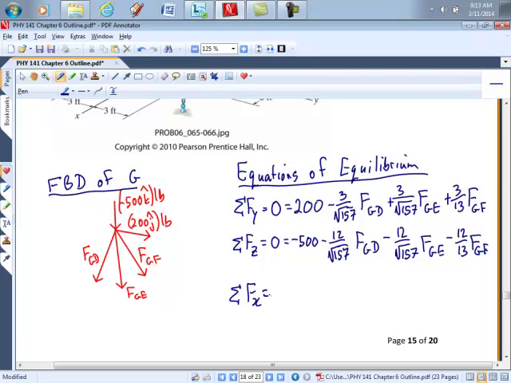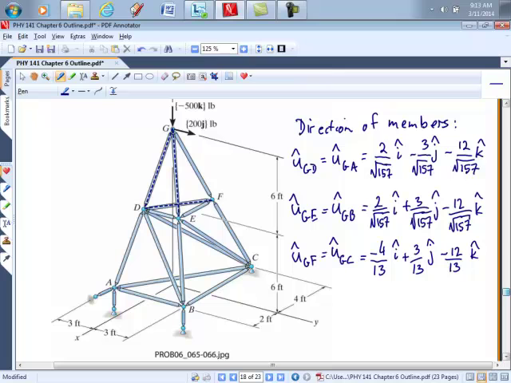And then we can do X. X has no constant term. So it's just going to have the X components.